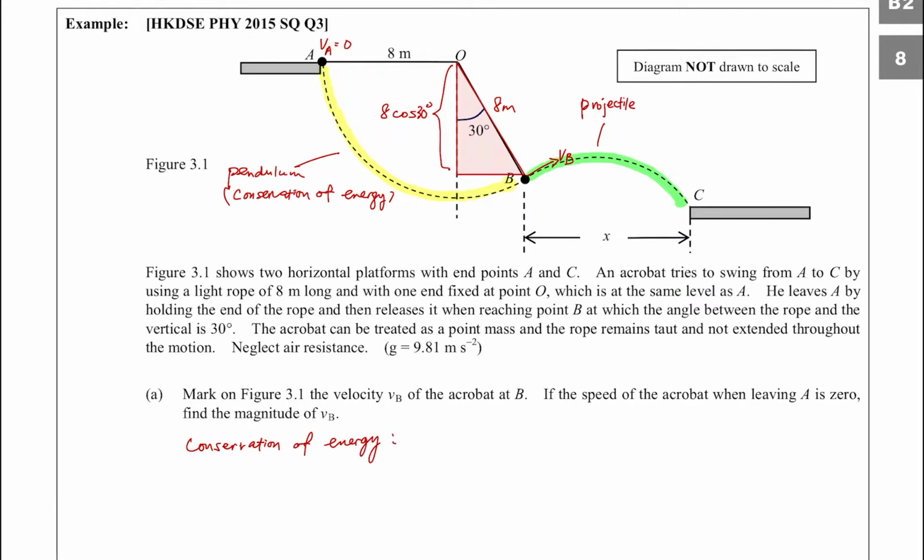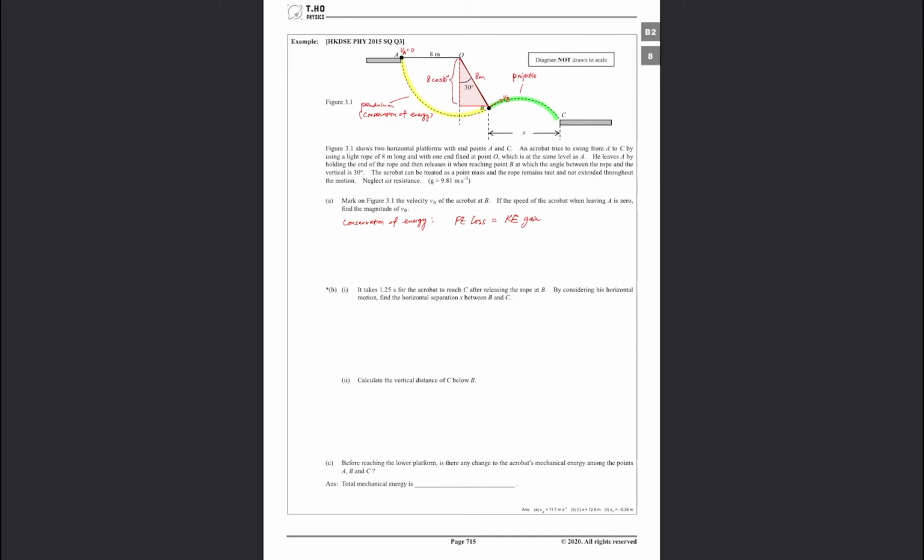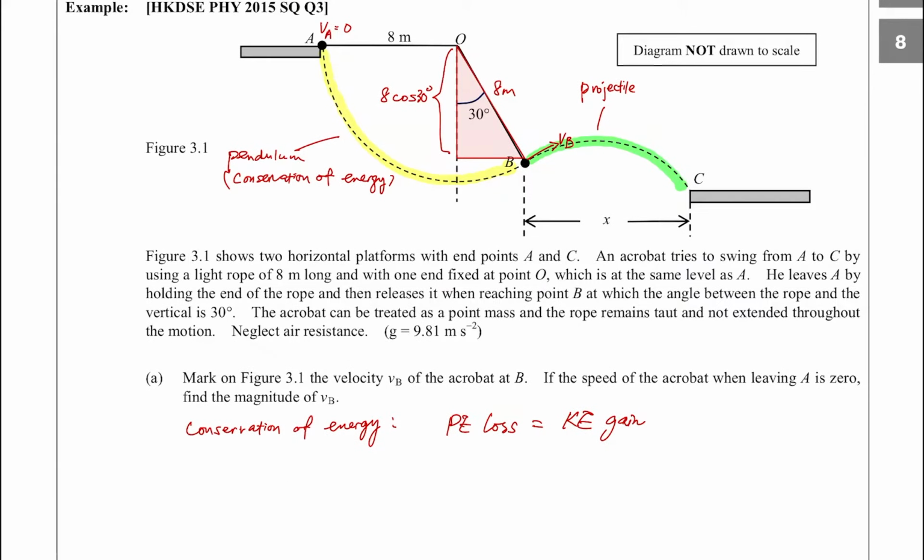At A, the acrobat has PE, and the PE loss would equal the KE gain during the swing from A to B. PE loss is given by mgh.